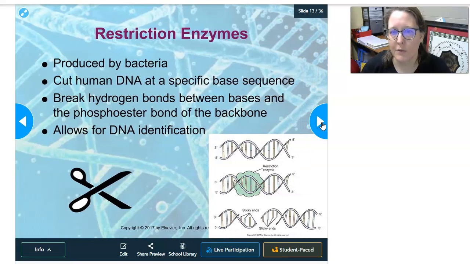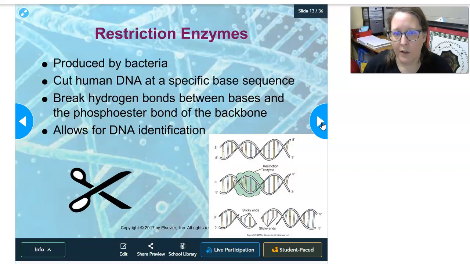So next we're going to talk about restriction enzymes. This was a great discovery that basically allowed us to start genetic engineering. Restriction enzymes are naturally produced by bacteria, and they're made to cut up DNA at specific base sequences. They are really a defense mechanism of bacteria against foreign DNA, but we are using it.